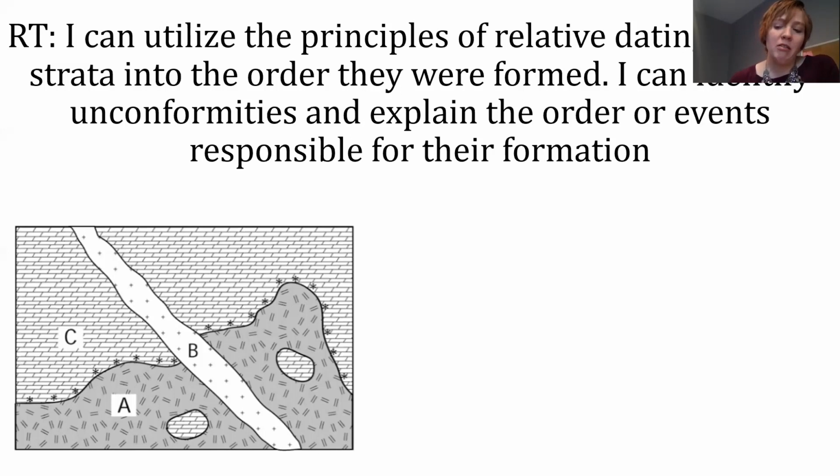But it's just pointing out the fact that along that margin, you'd actually expect contact metamorphism. I know that that's older than B because B is cutting through it, right? It's going straight through. So B is probably a different type of magma that came later. Okay.